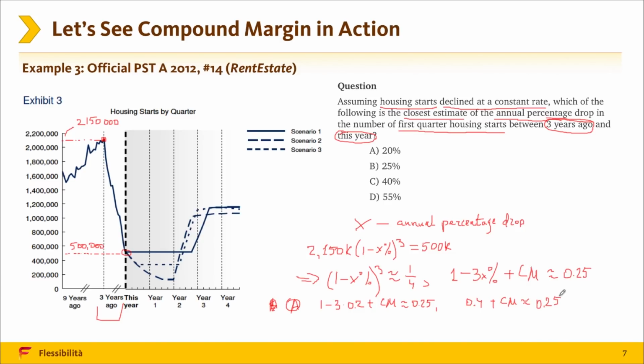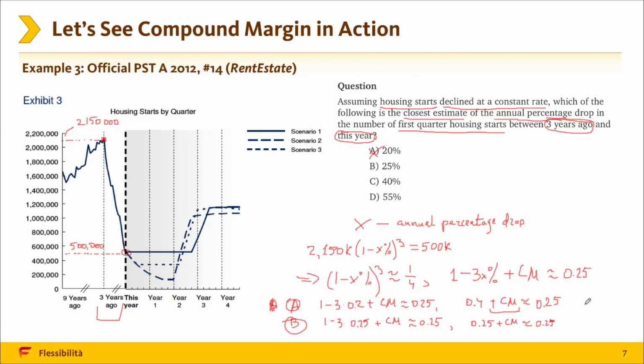But this is not possible because the compound margin is always greater than 0, and from here it should be negative. So we get rid of A because A is wrong. Let's test B in a similar way. Well, obviously B does not work either, right?